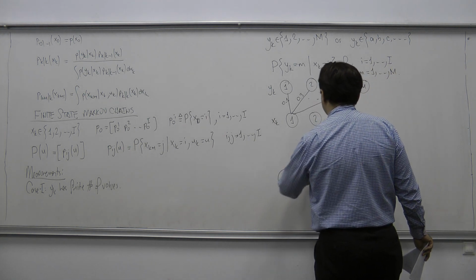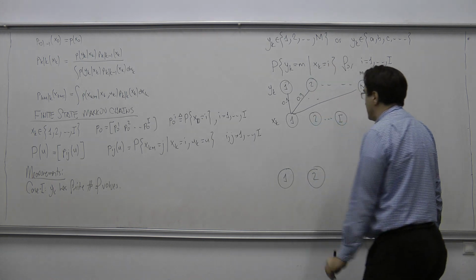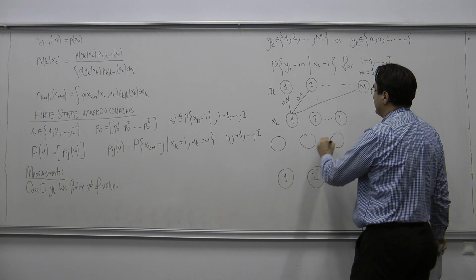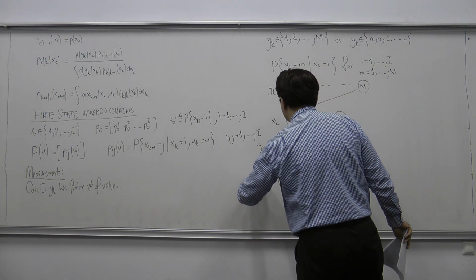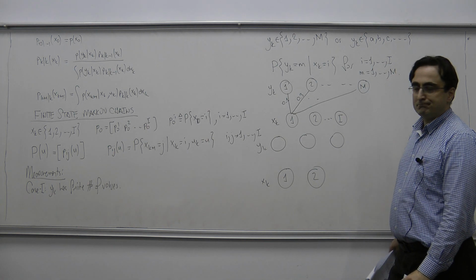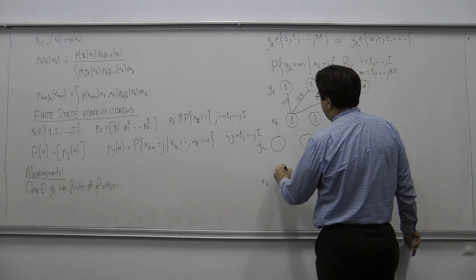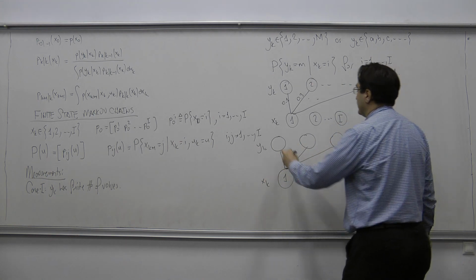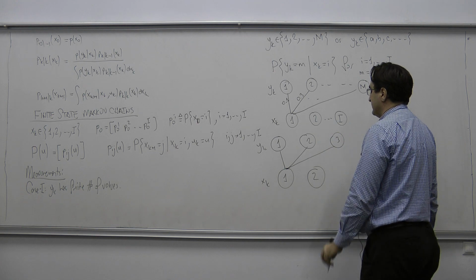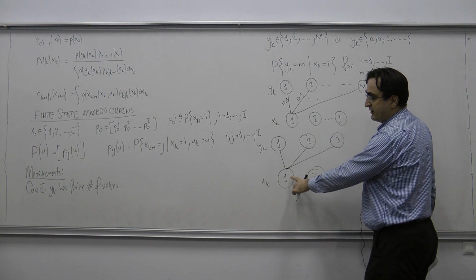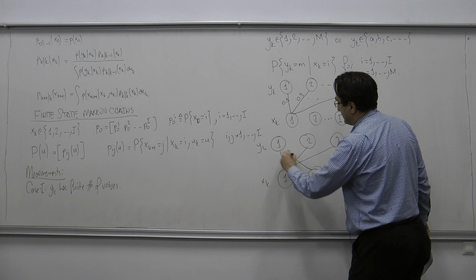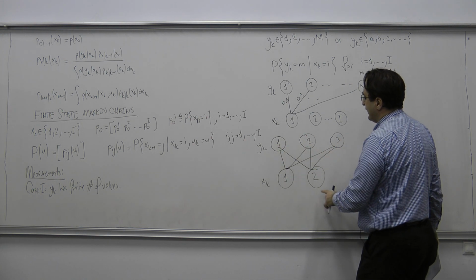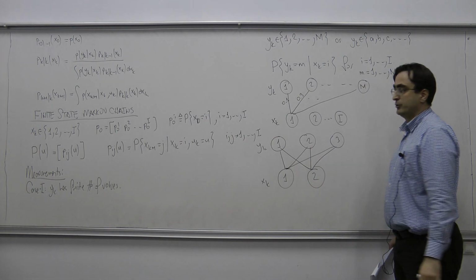So let me give you an example. This is a two-state Markov chain, and let me say that the output can take 3 values. So I have yk and xk here. Then let us say that these are the probabilities of the output taking the values 1, 2, 3 when the state is equal to 1, and these are the probabilities that the output is going to take the values 1, 2, 3 when the state is 2.